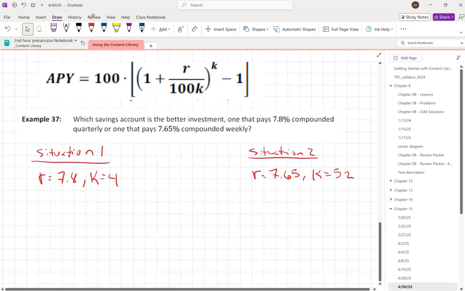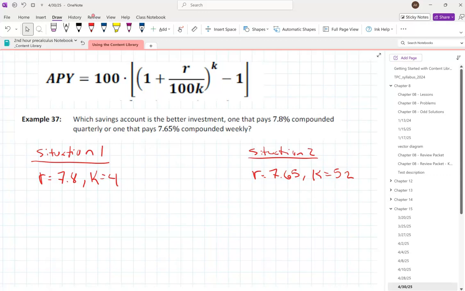So I have one situation where the r is 7.8 and the k is 4, and the second situation where the r is 7.65 and the k is 52.